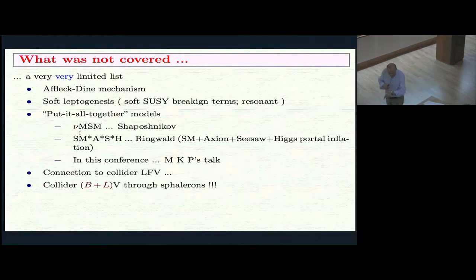Now, what are the things I have failed to cover or that are impossible to cover in a short talk? One is the Affleck-Dine mechanism, as I said. A lot of the supersymmetry people are very excited about it. It is a completely non-perturbative and semi-classical mechanism, in the sense that there are a lot of flat directions in supersymmetry and they become unstable at some later stage, and then the vacuum begins to roll down one of the flat directions.